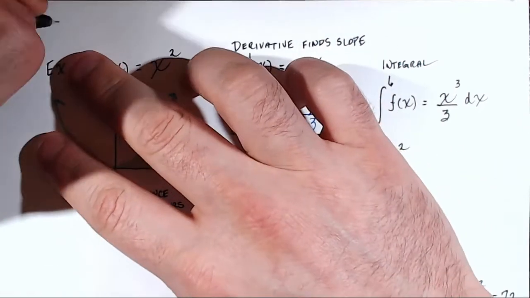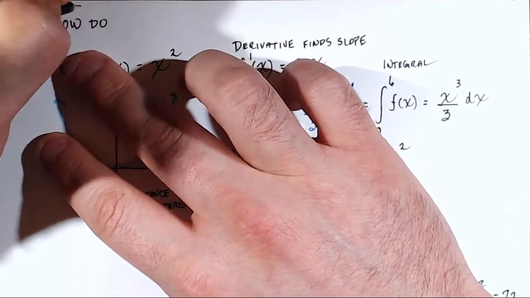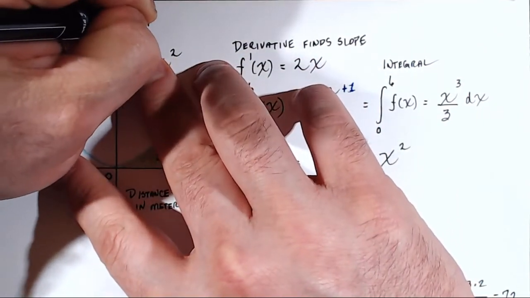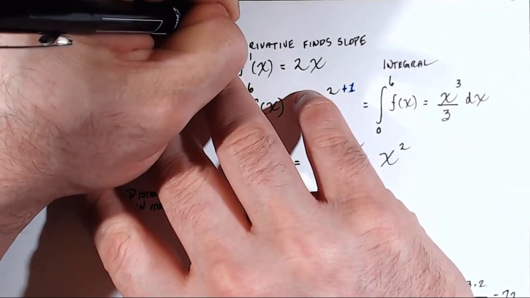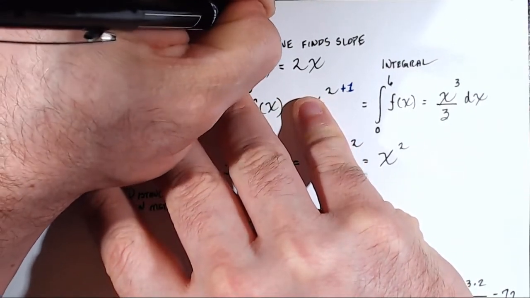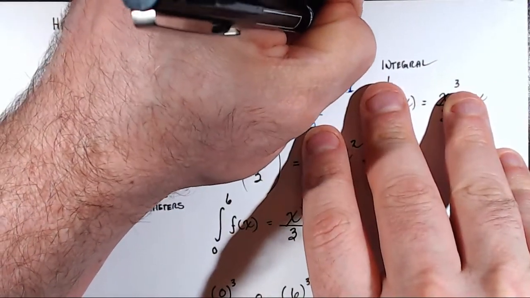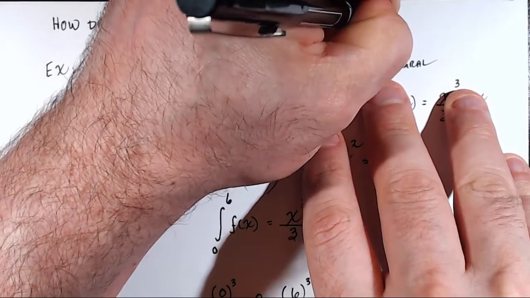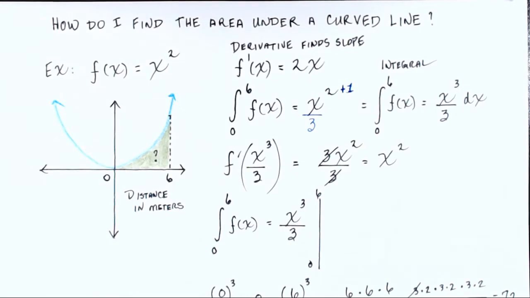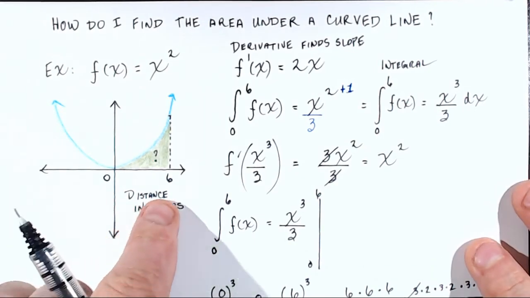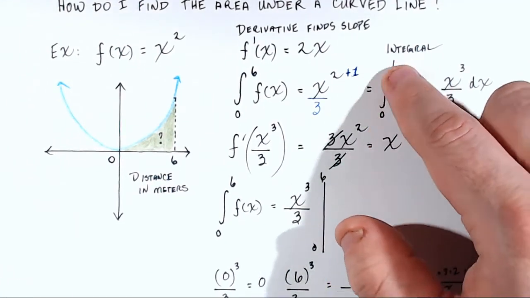So if you ever wanted to know how do I find the area under a curved line, the way you find the area under the curved line is to take the integral of the function and then evaluate it over some distance.